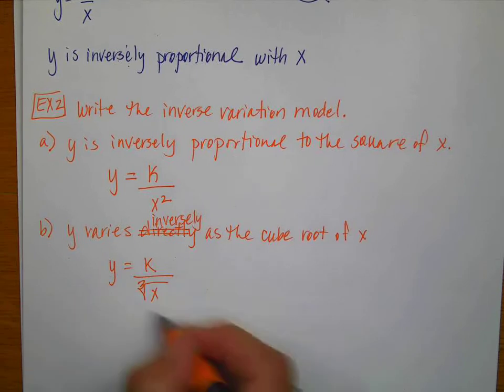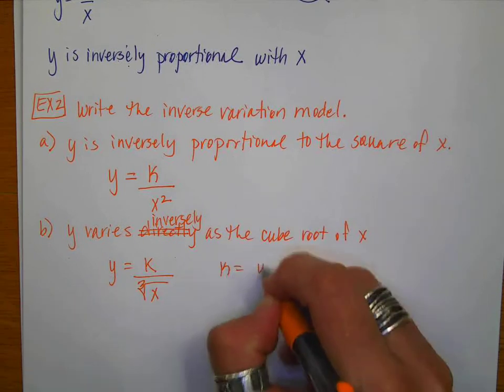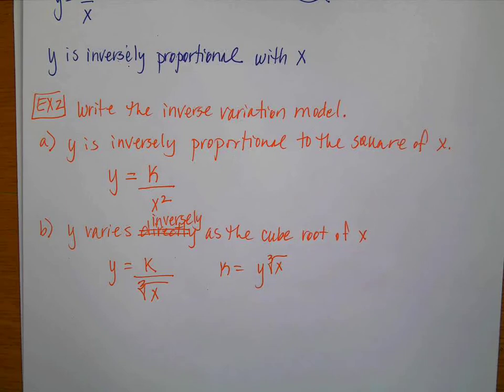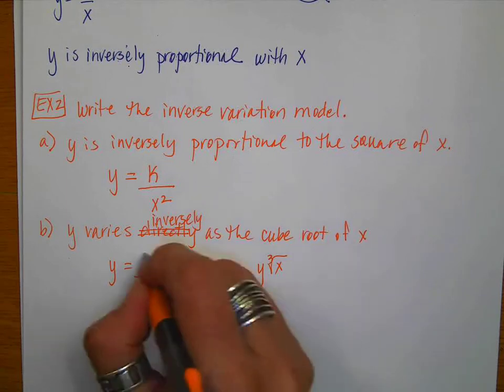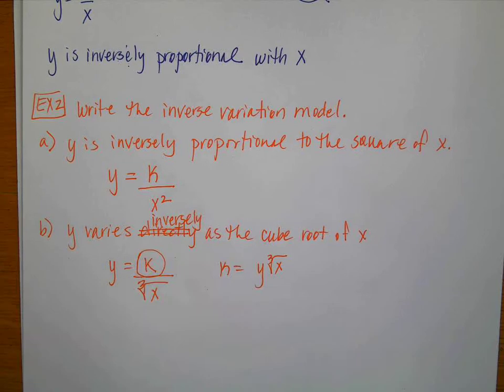And again, I could solve for k, and I would just cross multiply, so if I were solving for k, this would be y times the cube root of x, and that would be okay. When I report models, I often have to find the value for k and then substitute that into the equation to report my answer.